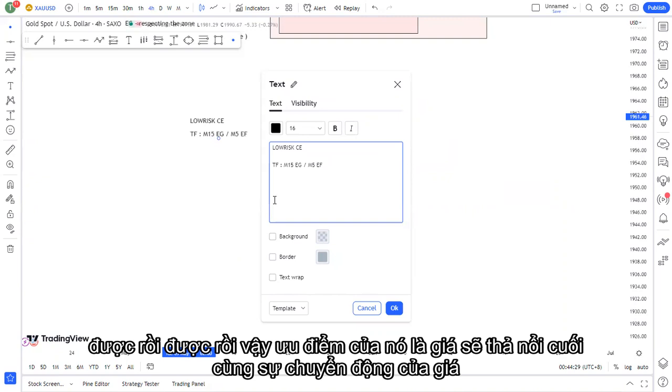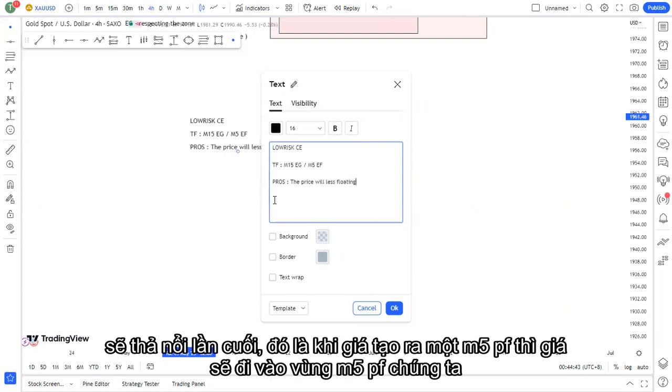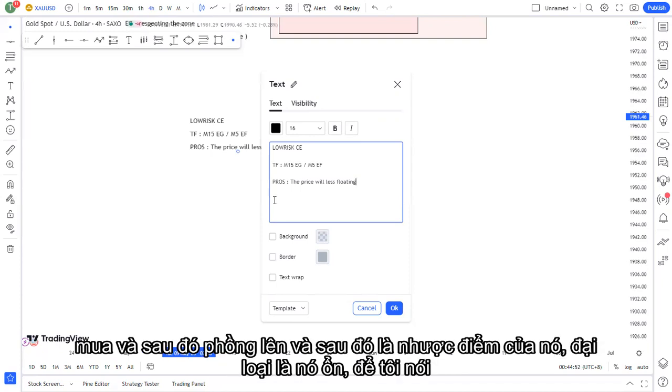The pro is that the price will have less floating. When the price creates an M5 EF and gets into the zone of the M5 EF, we buy, and then it pumps out.